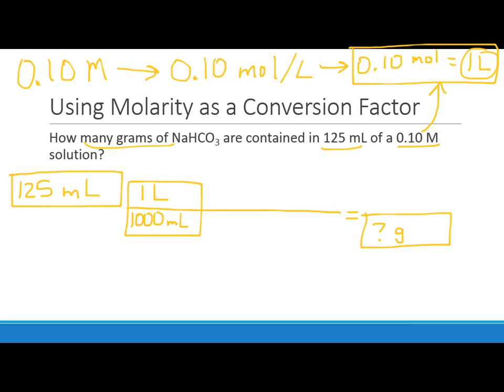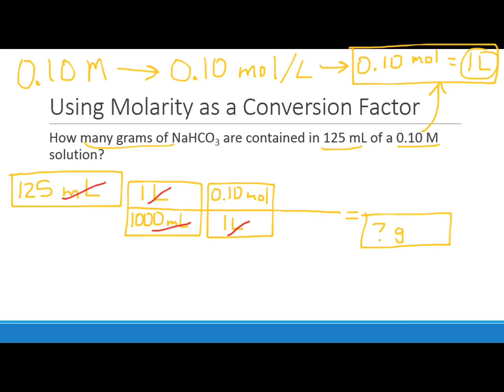Now that, if you'll notice, gets rid of my milliliters. But now I'm in liters, so I can go ahead and use this domino up here in the top right. I can go ahead and plug that in. And it tells me that for every 1 liter that I have, it contains 0.10 moles. Now, I double check, and it looks like my liters cancel out nicely.